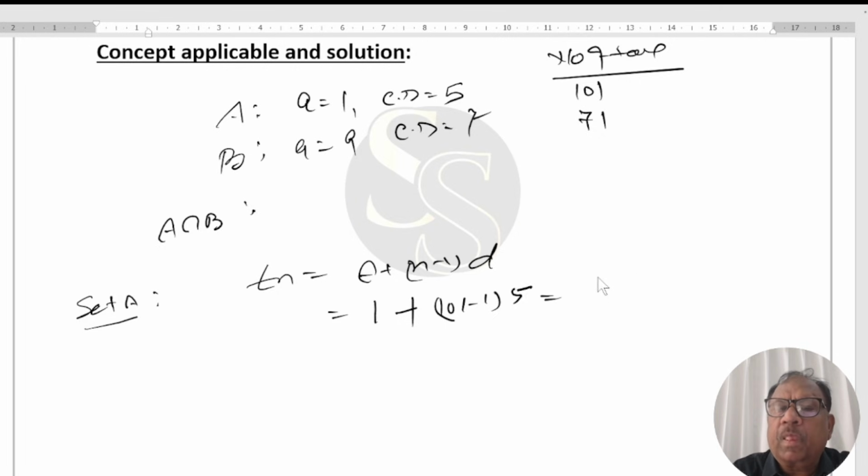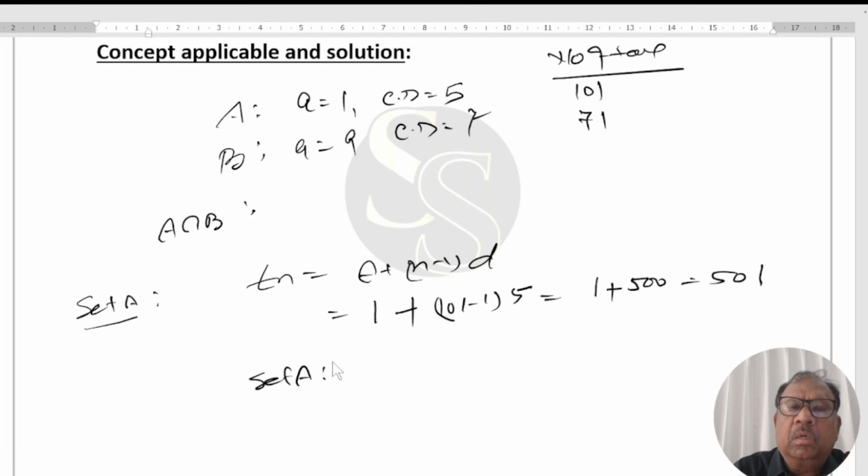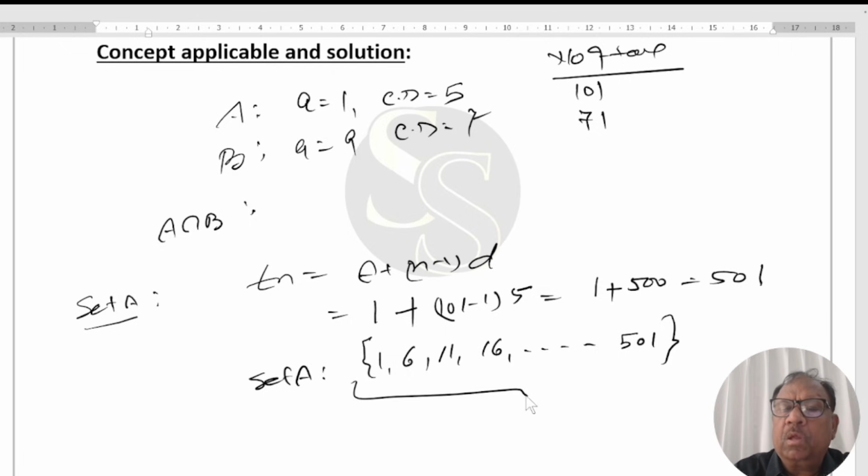That comes out to be 1 plus 500, that is 501. So the last term will be 501. So what is our set A? 1, 6, 11, 16, up to 501. Total number of terms is 101.